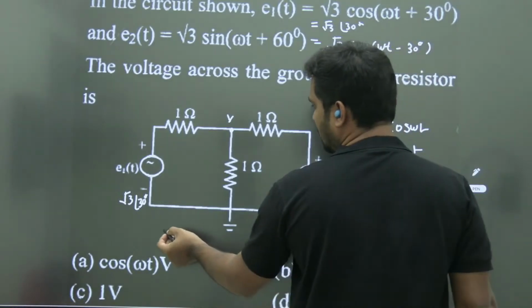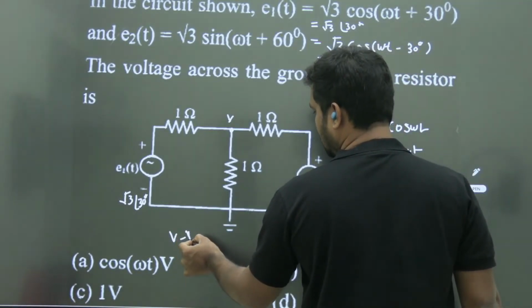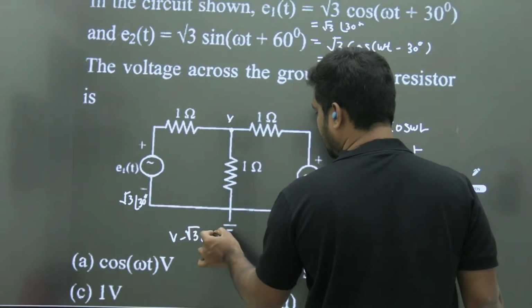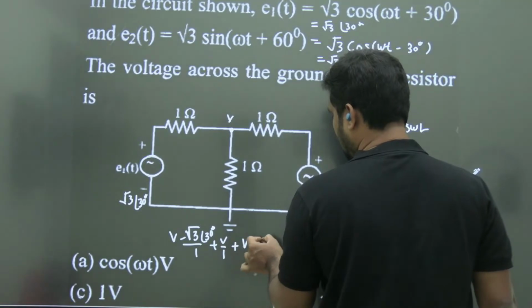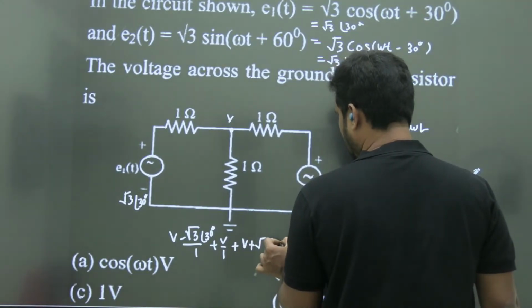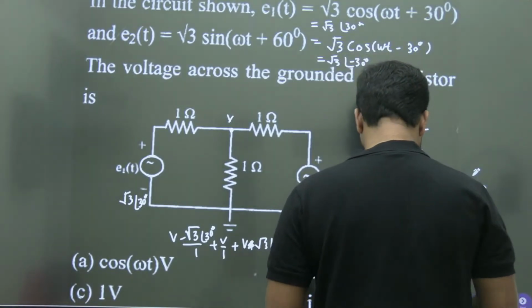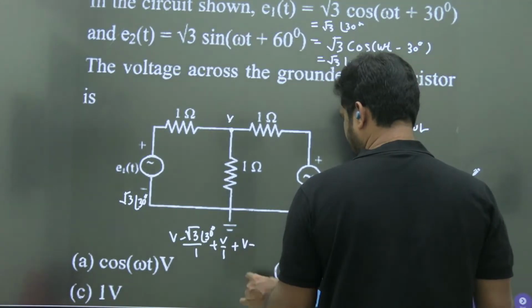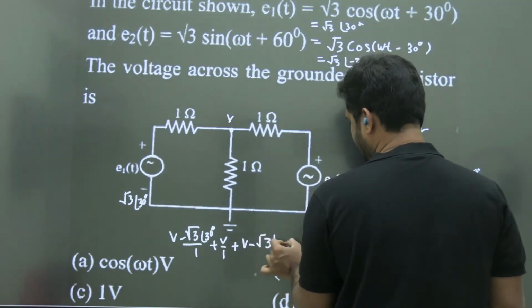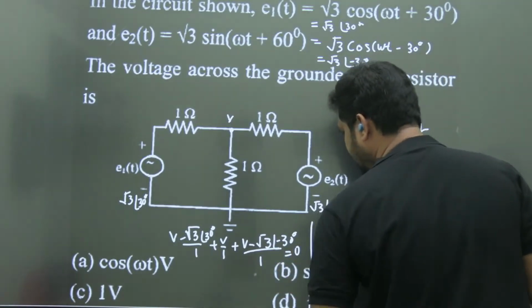So V minus root 3 angle 30 degrees, V by 1, plus V plus root 3 angle minus 30 degrees by 1 equal to 0.